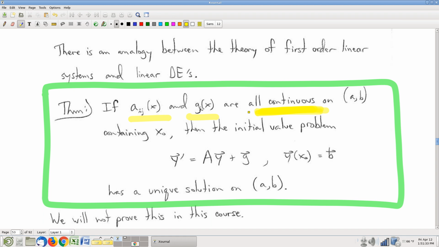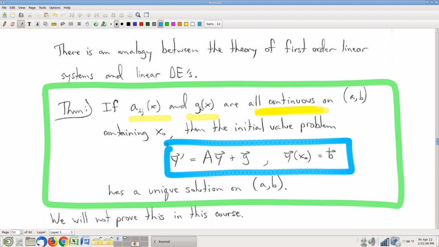But if those functions are all continuous, then the initial value problem, keep in mind an initial value problem is a differential equation combined with an initial condition, not only has solutions, but that solution will always be unique. So again, this is what I like to call an existence and uniqueness theorem. The solution exists, and the solution's unique. So again, we need this to protect us from the jungle of horrors that might occur without making these assumptions. Under the umbrella of this theorem, everything works out just like you would hope.